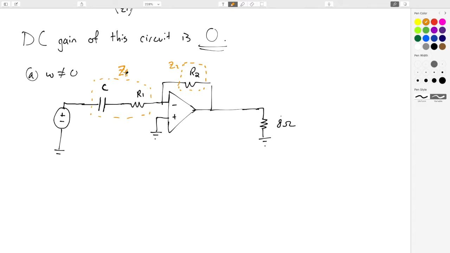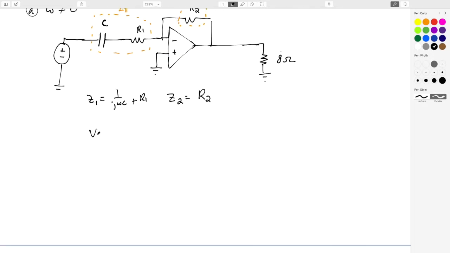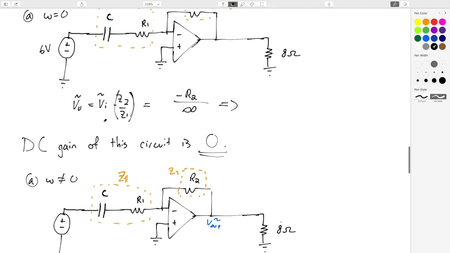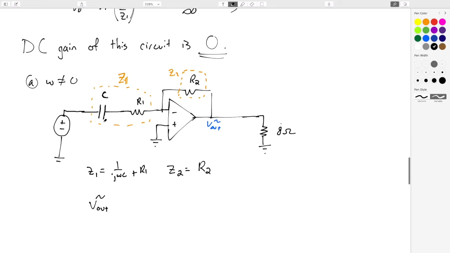Z1 will equal 1 over j omega c plus R1, and Z2 will equal R2. Let's call the output V out, phasor. And up here, the input is 3 volts cosine omega t.